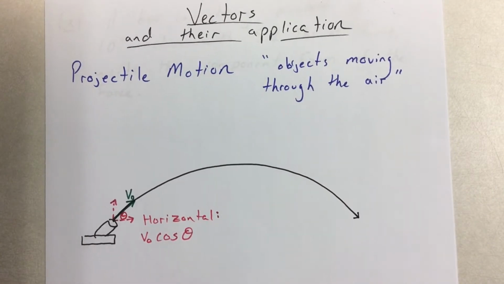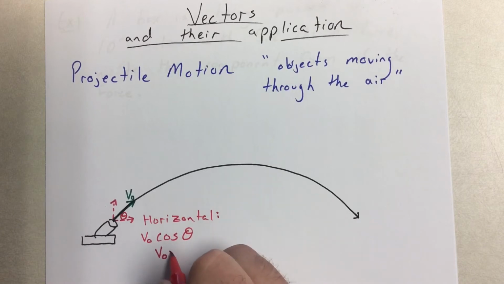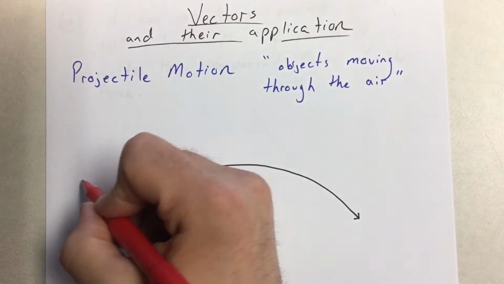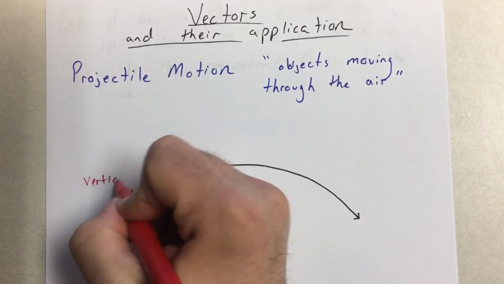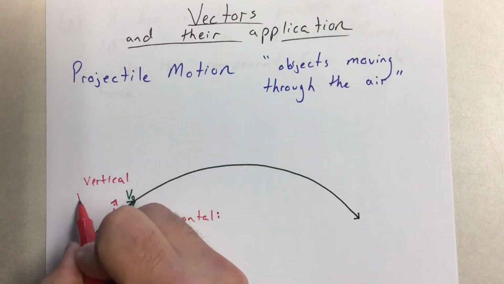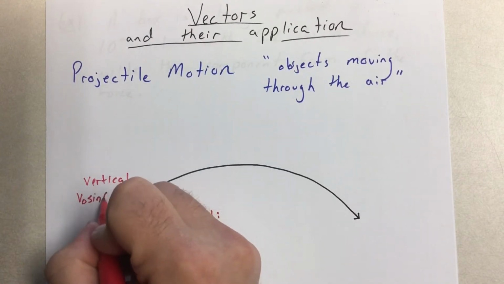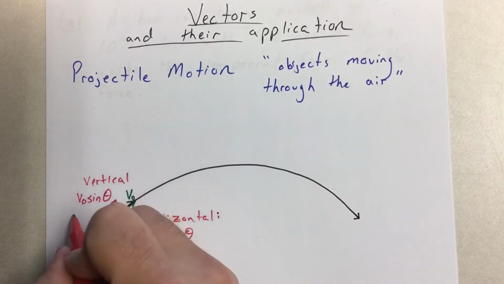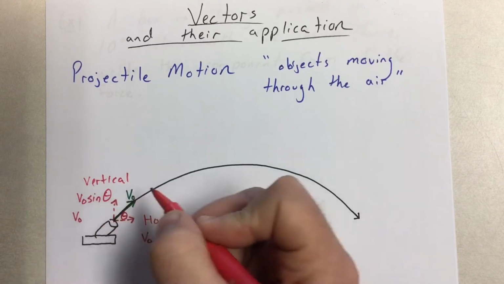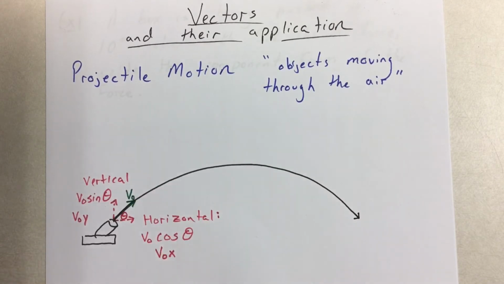And notation-wise, we're going to use v sub 0 of the x component, x being horizontal. And then for our vertical component, we have the magnitude of the initial velocity multiplied by sine of theta. And this, notation-wise, we write as v sub 0 for our y component.